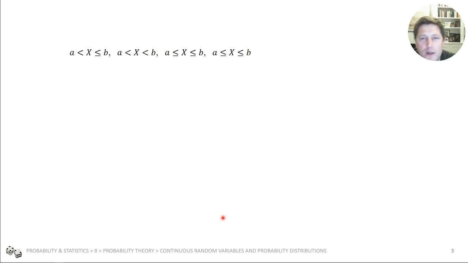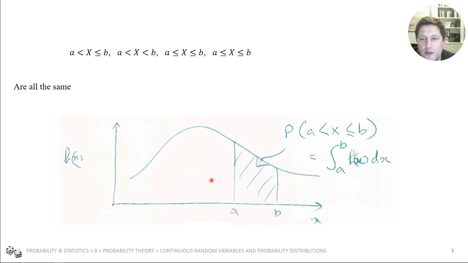One difference, though, is that for the discrete case, we had to be careful about defining our intervals, whether these were greater than or greater than and equal to made a difference to the outcome and what we were describing. But they don't make a difference for the continuous case. When you're doing the integral of the density function between a and b, we don't need to define whether a and b are included in that.